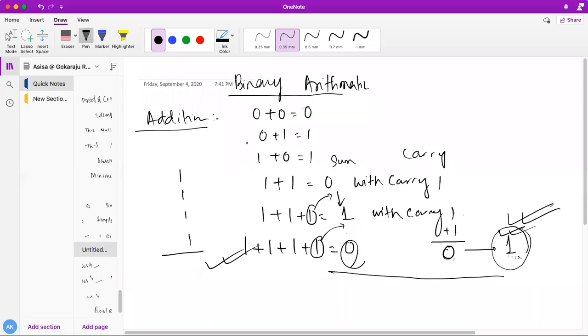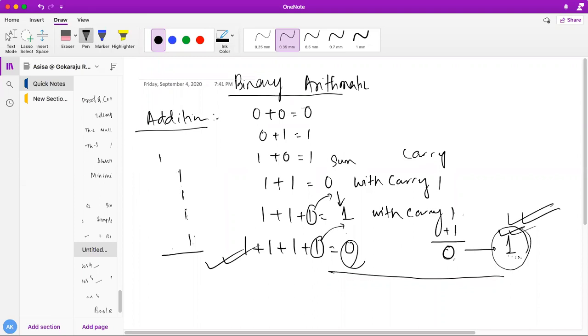While solving, see here, if you are going to add these 4 ones, what is happening? 1 plus 1 is 0, and because of this the carry will go over here. After that, 1 plus 1 is 0, 0 plus 1 is 1, and again 1 plus 1 will be 0.